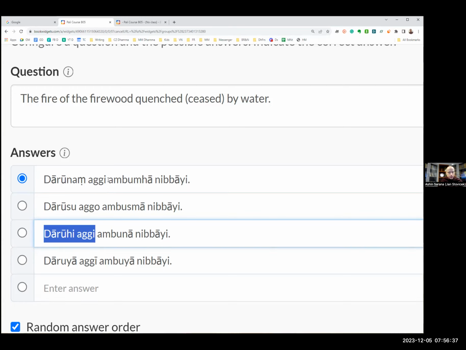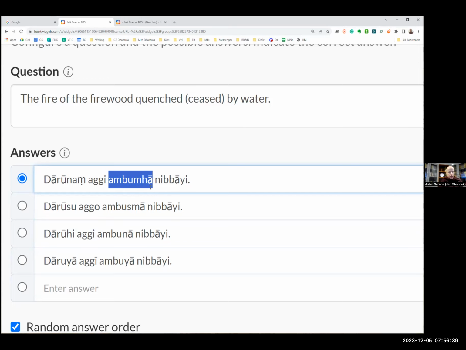Ambumha. Ambumha probably. Aggi ambumha. I think ambumba is not a correct word. Yes, ambumha, maybe ambuna is truly better, because this one would be like it would cease from the fire, and that doesn't make sense.